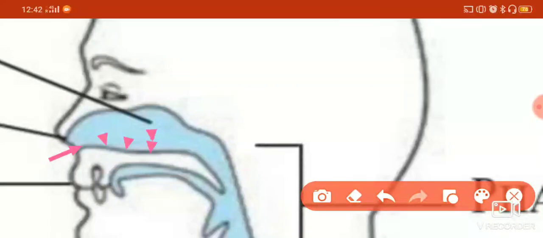In this area there are hairs filtering the air and trapping dust and suspended particles in inhaled air. Means it performs the function of filtration of air.